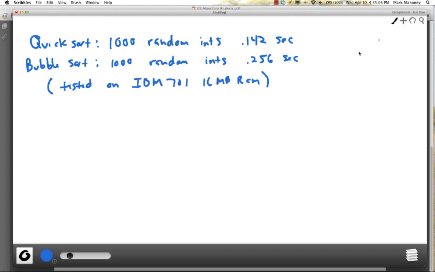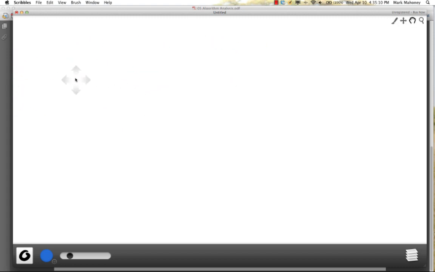Okay, so maybe we remember our good old sorting algorithm called bubble sort. Let me remind you if you don't recall. Let's say we had this array with these values in here, and our goal is to sort them.